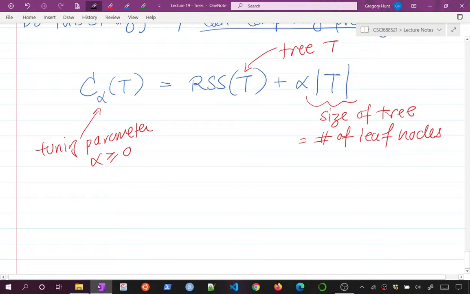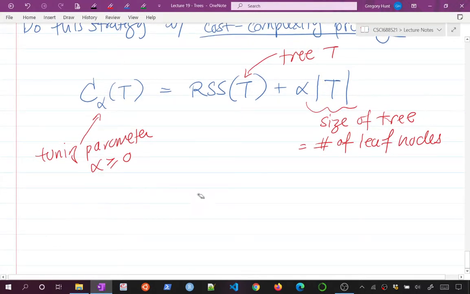So if T is large, very complex, we have a lot of rectangles, a lot of splits, the size of the tree is large, and so that's potentially overfitting, but our RSS would be small. If we have a small tree, the size of our tree is small, but the RSS will be larger. So it's basically a penalized version of the RSS, and you'd like to minimize this, right? So our note here is that if alpha is 0, what is this going to do?